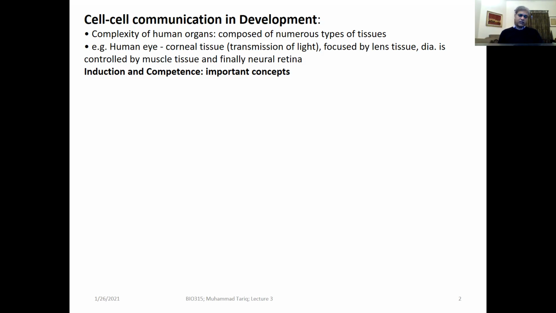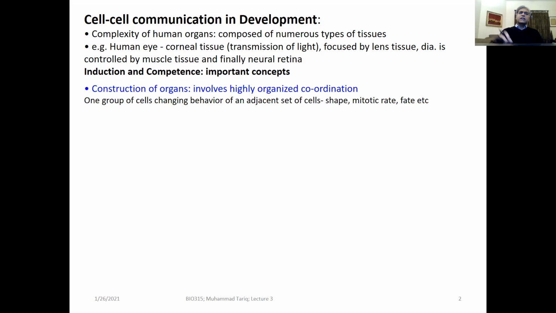So there are two concepts in terms of development of organs when we talk about cell signaling. Those two concepts are basically induction and competence. Induction, as the literal meaning of the word is, to induce, and competence here refers to the idea that if I receive a signal which is inducing me, I need to have factors and I need to have the ability, or competence, to respond to that particular signal.